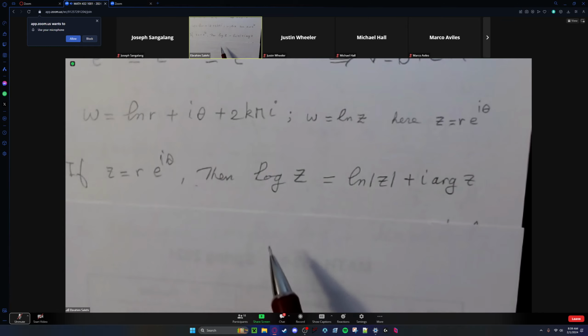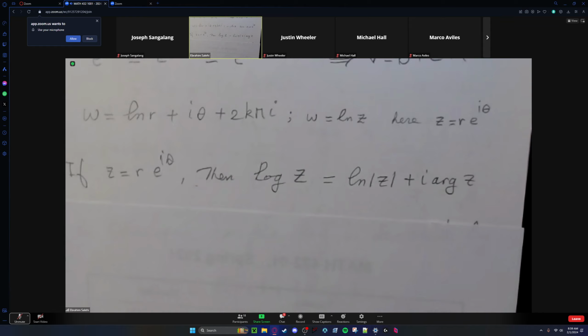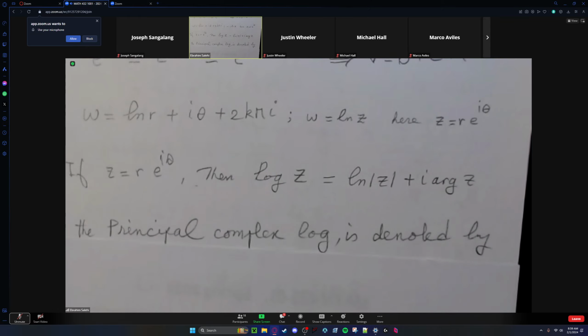But if we want to make it single valued, we choose this part. This is the crucial part. We choose that one to be the principal argument, all right?